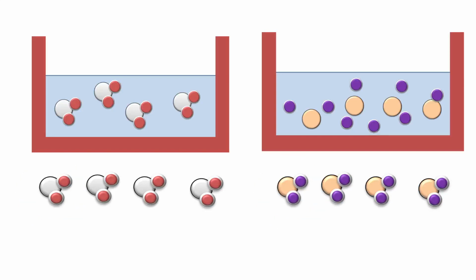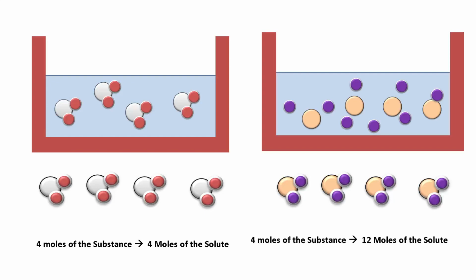In both the cases, we placed 4 moles of the substance in a liter of water. Both the solutions are 4 molar solutions, but there is a difference between the two equimolar solutions. The 4 molar solution on the left has 4 moles of solute in it, but the 4 molar solution on the right side has 12 moles of solute in it.